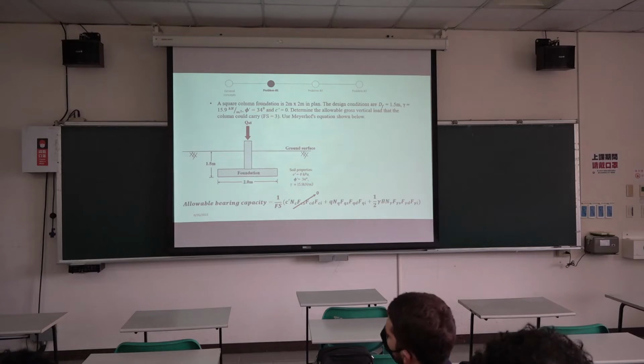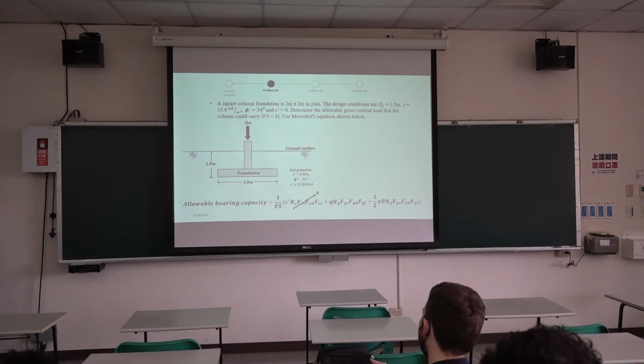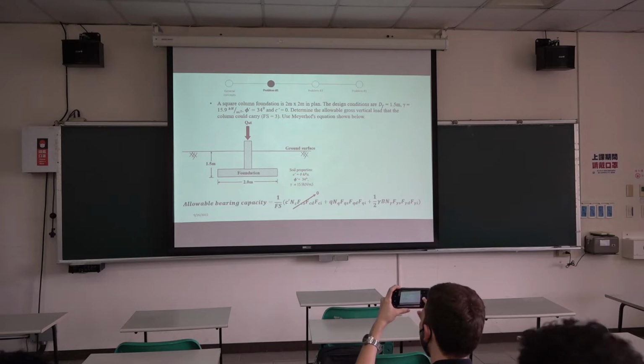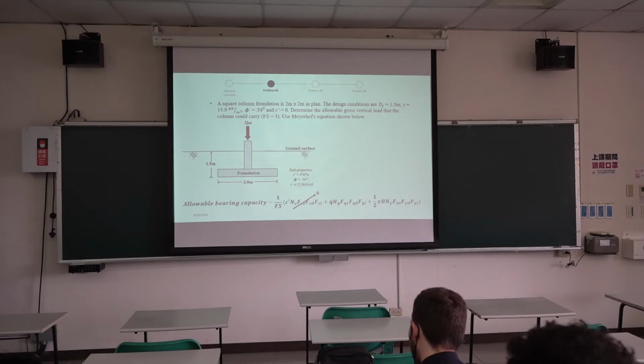All right, so we are supposed to use Meyerhof's equation. Meyerhof's equation is the modified bearing capacity equation that we just saw. So we have this formula for the allowable bearing capacity.